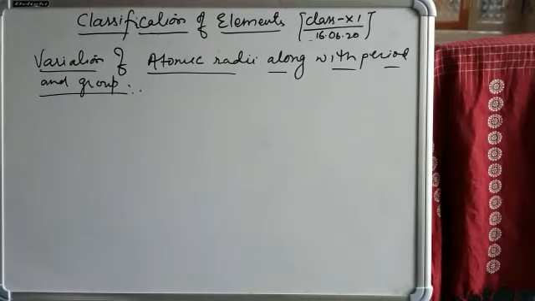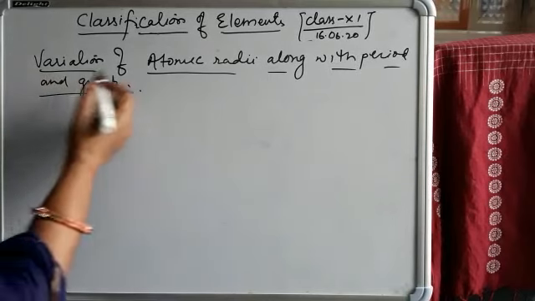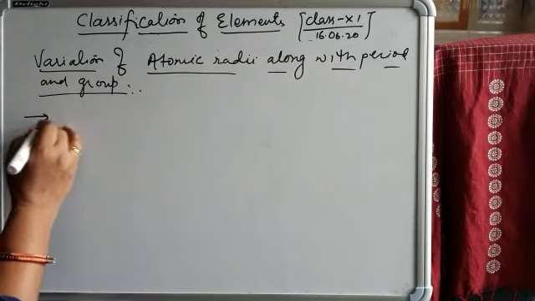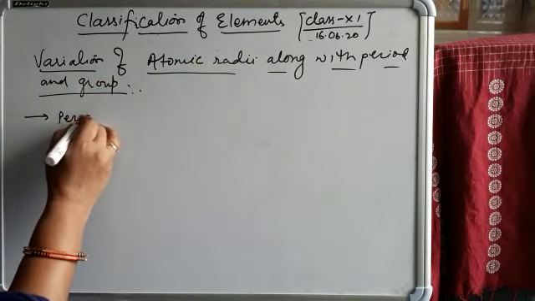Now, we'll discuss the variation of atomic radii along period and group. At first, we talk about the period.